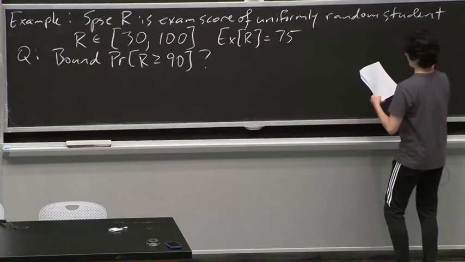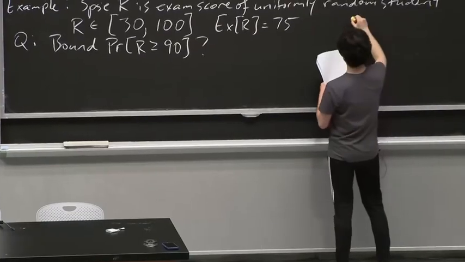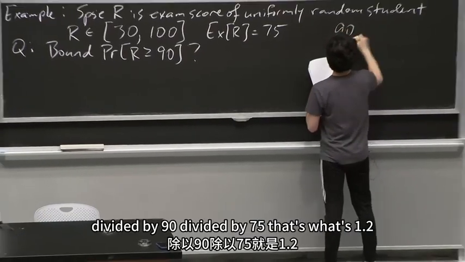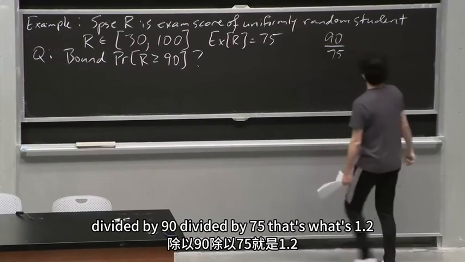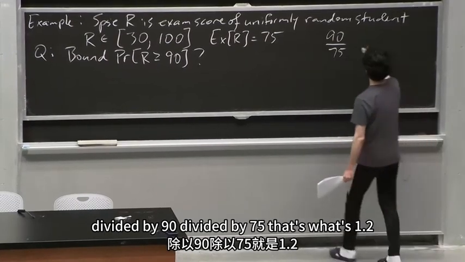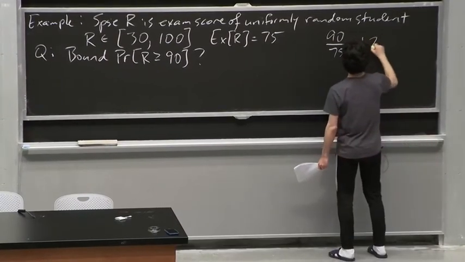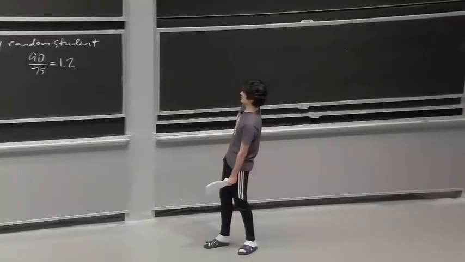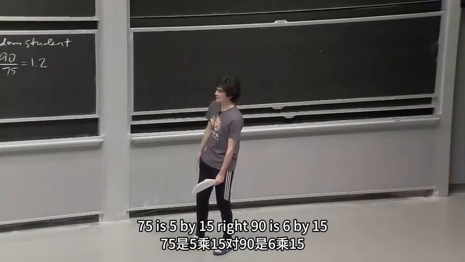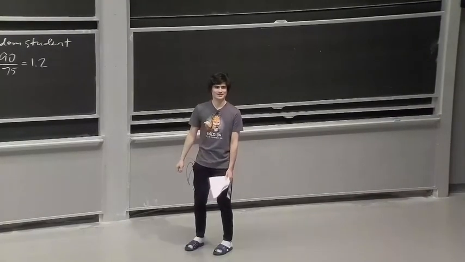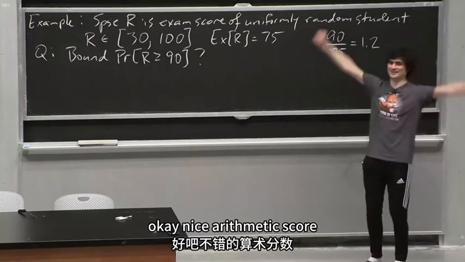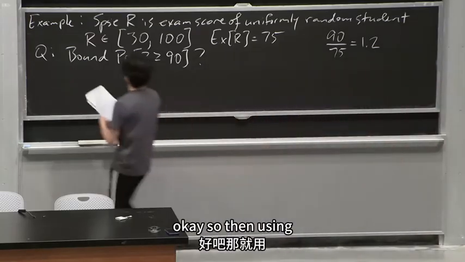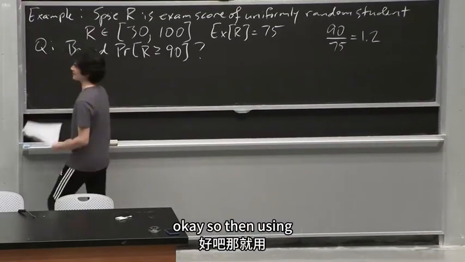So I guess 90 divided by 75, what's that, 1.2? Is that right? 75 is 5 by 15, right? 90 is 6 by 15. Okay, nice arithmetic score.